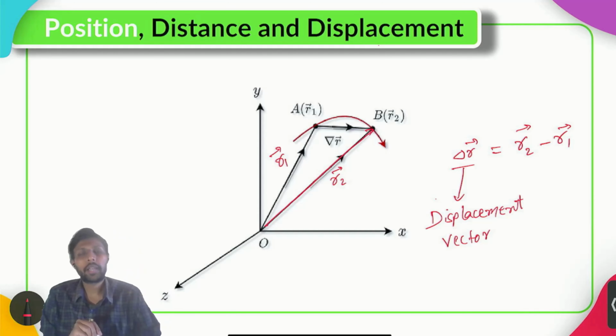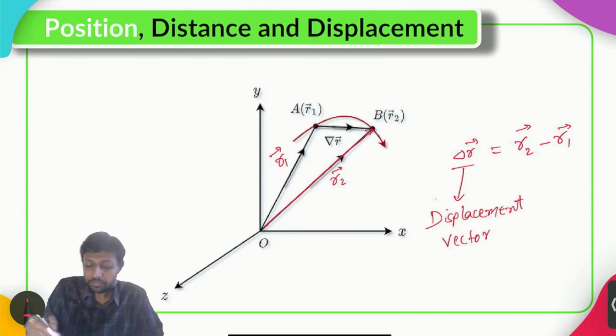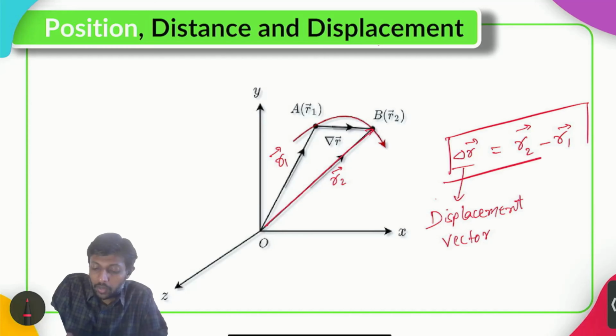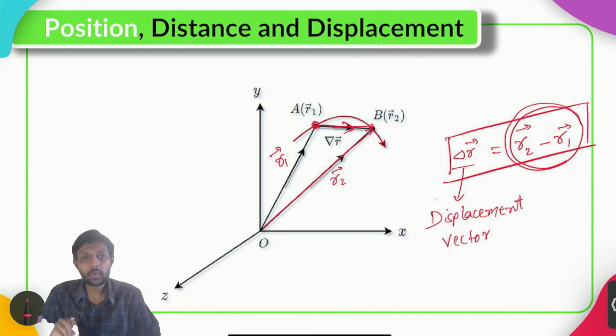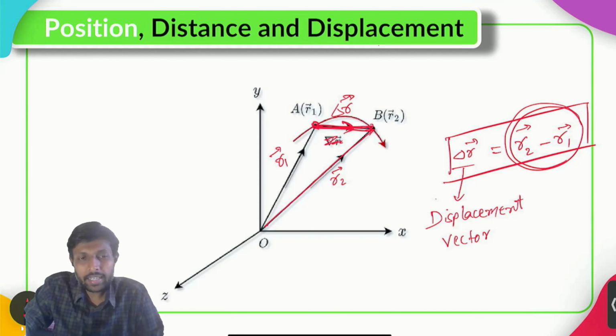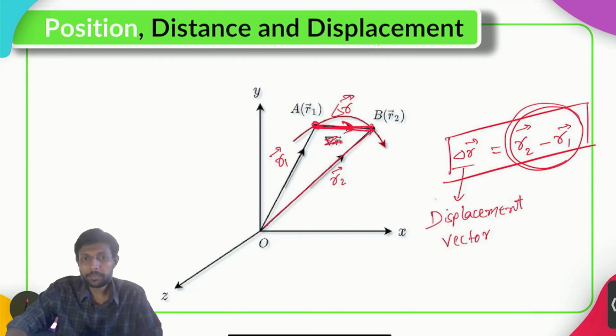R2 minus R1 is also a vector which is represented by this, starting from R1 and ending at R2. So this is the vector delta R, the displacement vector.